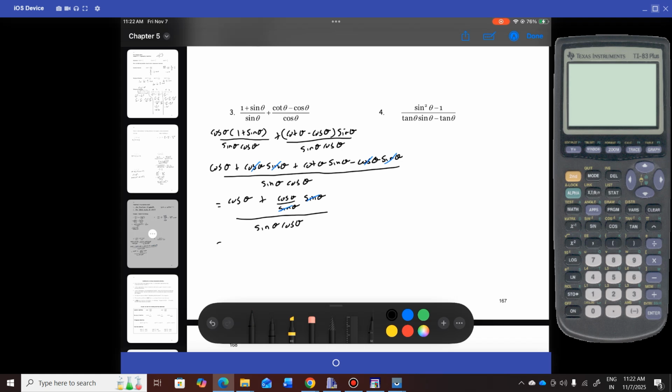And now we have just 2 cosines on the top. So we write 2 cosine theta over sine theta cosine theta, which the cosines cancel. We get 2 over sine theta or 2 cosecant theta. Again, one term, no fraction.